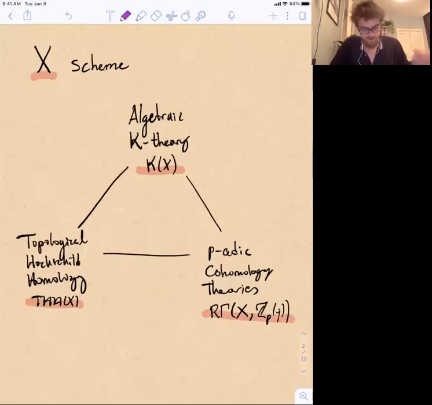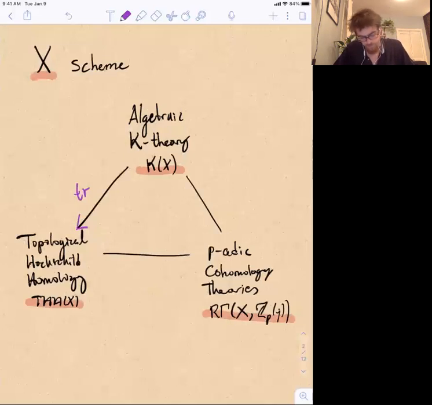The way this triangle works is that from K-theory to THH, there is a trace map, as it's called. This map has helped facilitate many computations in K-theory over the years. Along the bottom of the triangle, THH relates to the p-adic cohomology theories in many different ways.